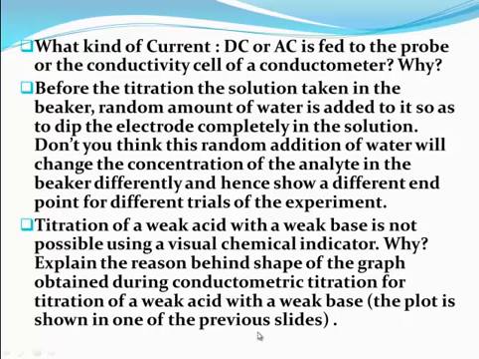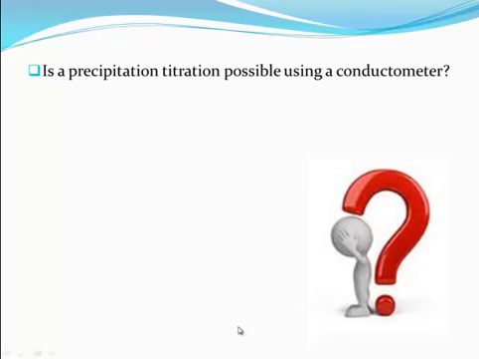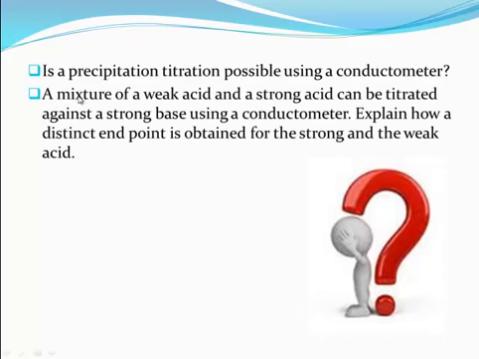The plot is what I've already shown you all in one of the previous slides. Now, the next one, is a precipitation titration possible using a conductometer? Then my next question, a mixture of a weak acid and a strong acid can be titrated against a strong base using a conductometer. Explain how a distinct endpoint is obtained for the strong and the weak acid.